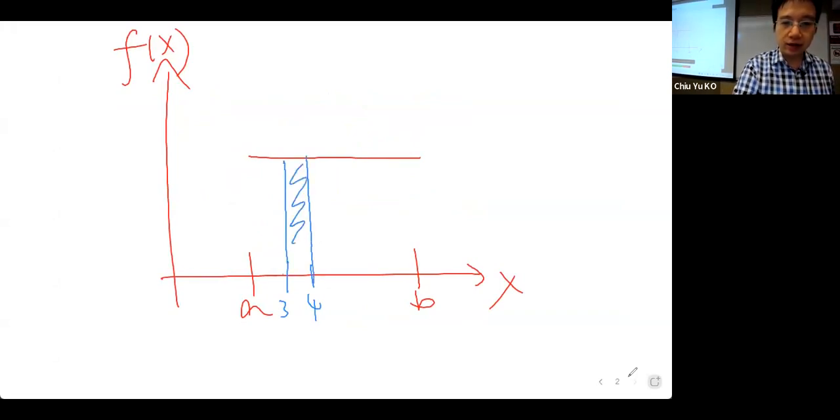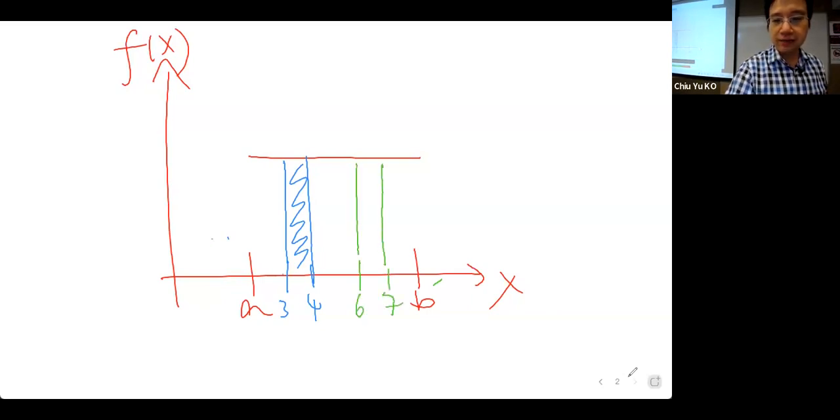The blue area gives the probability that x is between 3 and 4. By uniform, regardless of where I choose, say 6 to 7, as long as it is the same length on the bottom, it has the same probability.